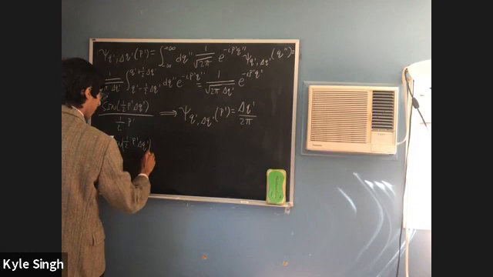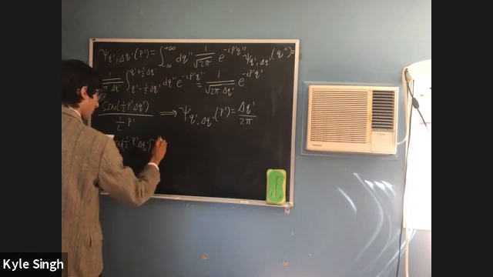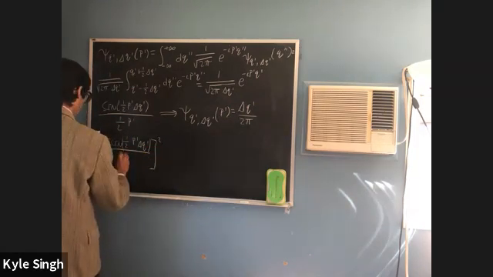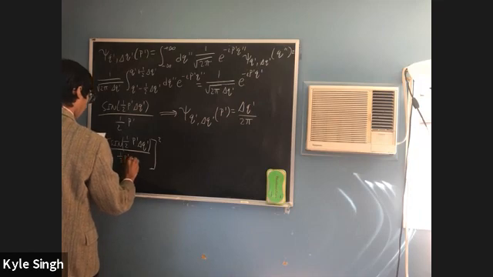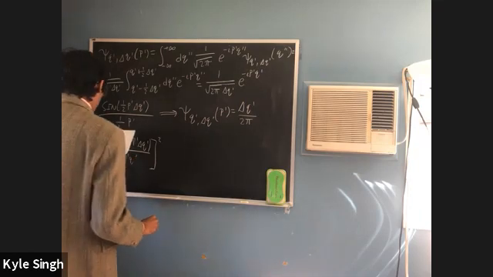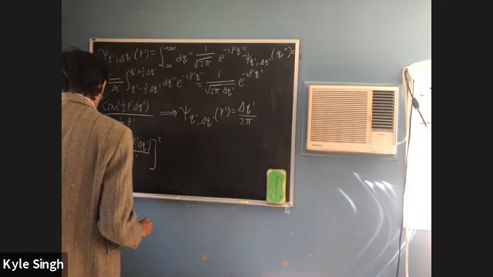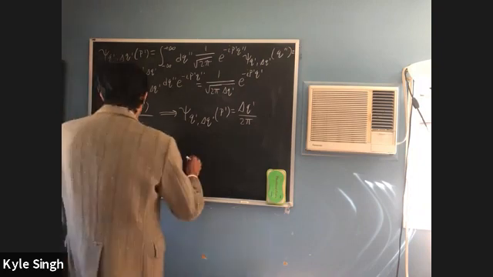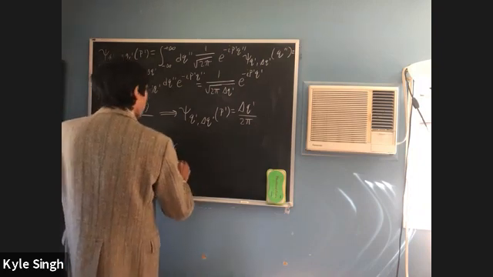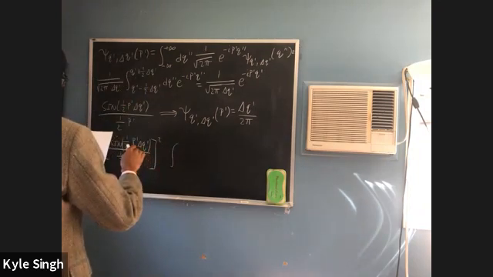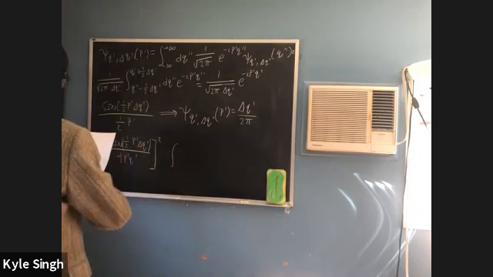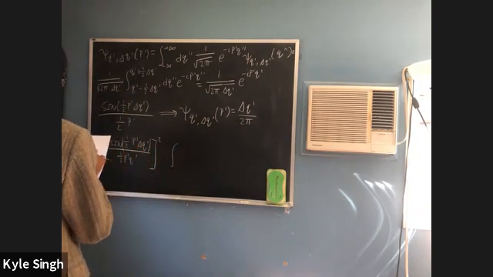Where I use, did I use something weird here? Yeah, I use this identity. Oh, the bounds need to be, did I even do this right here?